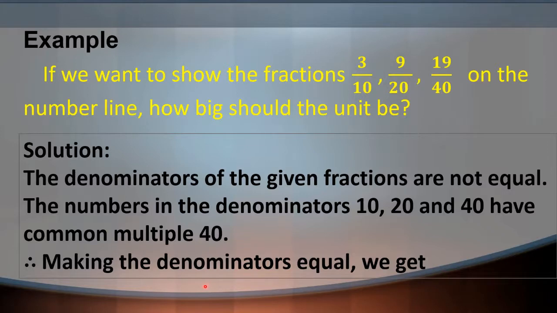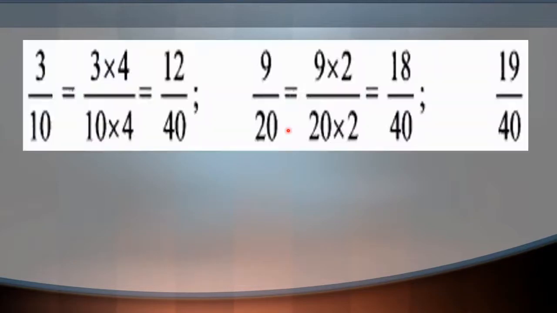Therefore, making the denominators equal, we get 3/10 is equal to 3 multiplied by 4 upon 10 multiplied by 4, you will get 12/40. Next, 9/20 is equal to 9 multiplied by 2 upon 20 multiplied by 2, we will get 18/40.